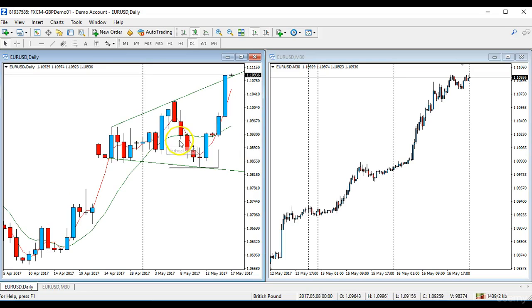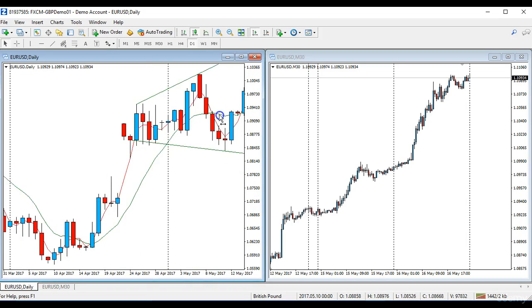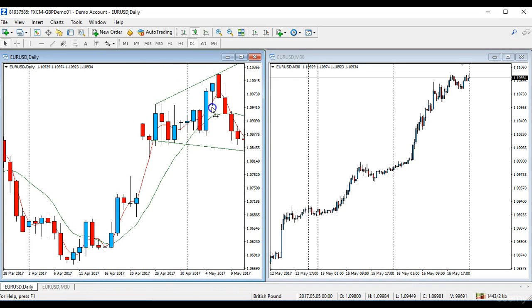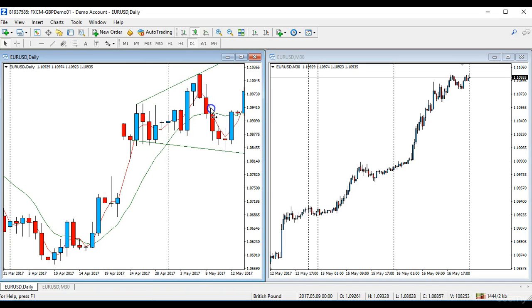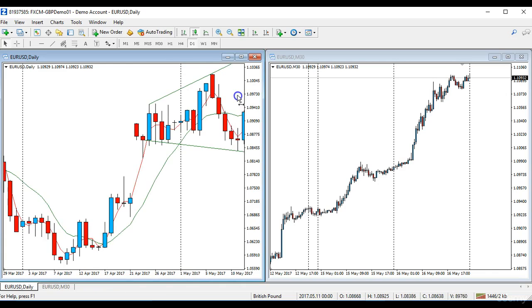market. So here, for example, we didn't know, if we go back, we didn't know after this candle what price was going to do next. But we could see, by drawing these two lines here, that a megaphone channel had formed.